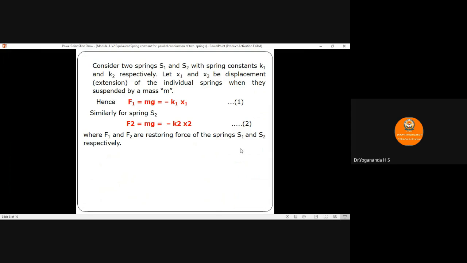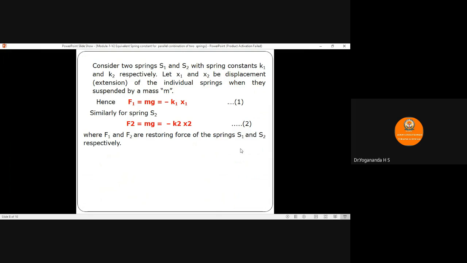Let x1 and x2 be the displacements of the individual springs when they are suspended by the same mass m. From Hooke's law, we can write the restoring force acting on the spring as F1 equal to m into g, which is equal to minus k1 into x1 for the spring S1.